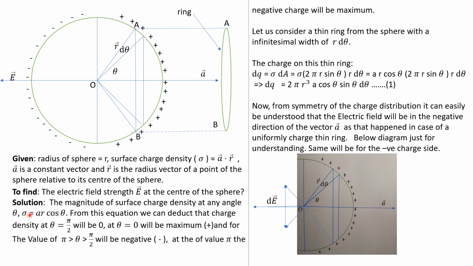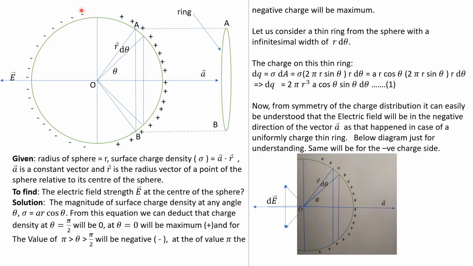So overall, with this equation we can understand that from theta equal to 0, where the charge density is maximum in magnitude, when we gradually increase theta from 0 to pi by 2, the charge density keeps reducing because cos theta is reducing, and at pi by 2 it becomes 0. Once it crosses pi by 2, the sign of cos theta changes and negative charge starts appearing here.